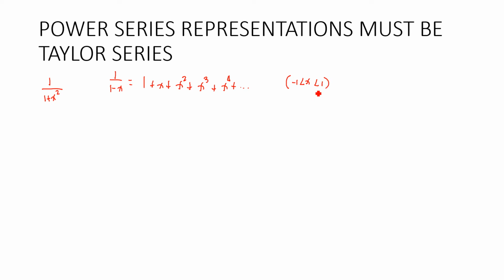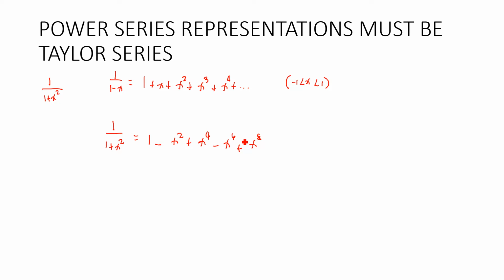So to obtain this, you have 1 over 1 plus x squared. Substitute, so that's equal to 1 minus x squared plus x raised to 4 minus x raised to 6 plus x raised to 8.